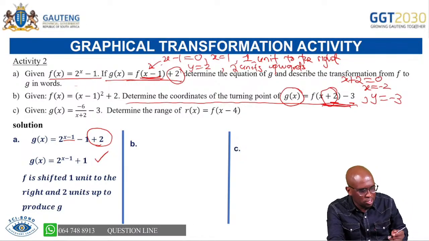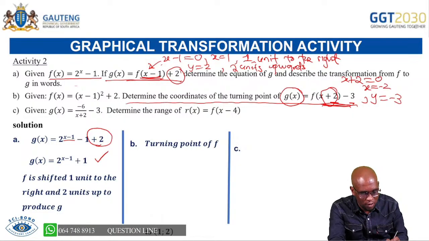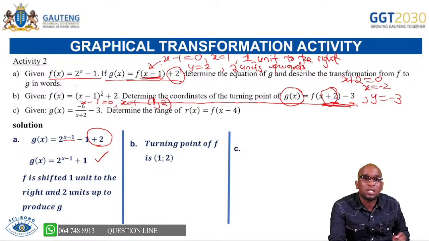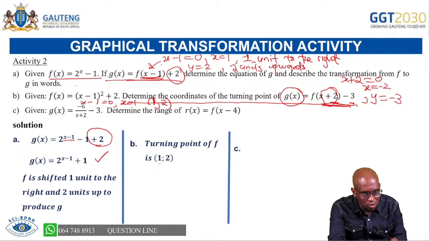So let's check the one that I used here. I used the turning point of f. I wrote down the original turning point here. That is x minus 1 is 0. X is equals to 1. So we are turning at x is 1 and y is 2. That is the value of q. So that is the original turning point. Now, what is the transformation?